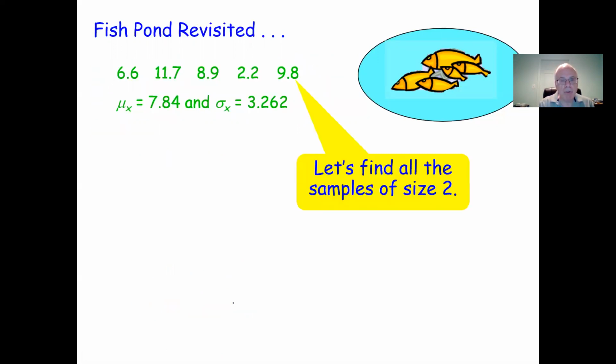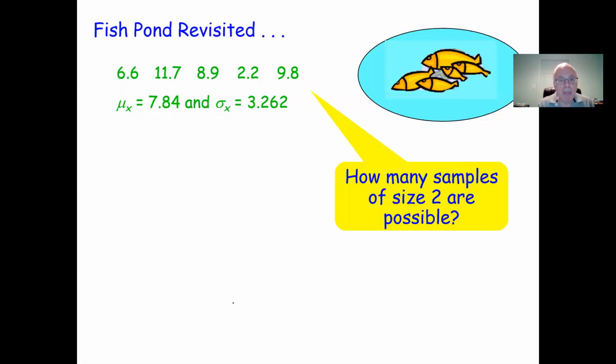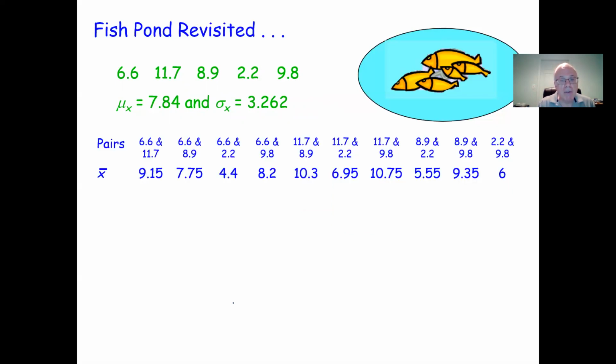So what we're going to do now is take samples of size 2 from this population of 5. How many samples of size 2 are there? There they are. There's 1, 2, 3, 4, 5, 6, 7, 8, 9, and 10. There's 10 of them. This particular one is pairing the 6.6-inch fish with the 11.7-inch fish, and maybe the last one would be the 2.2-inch fish and the 9.8-inch fish.